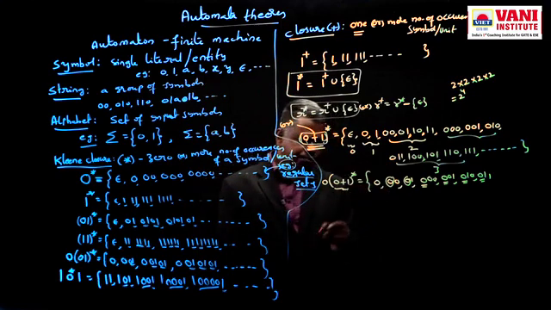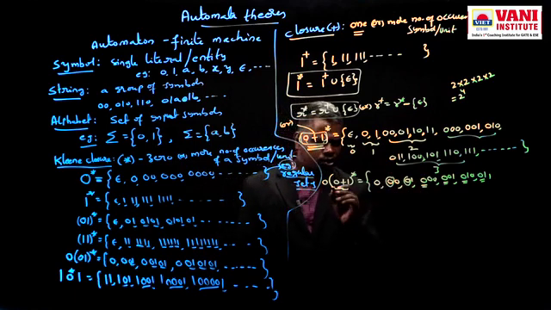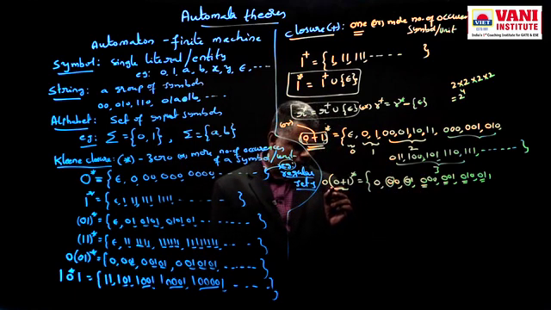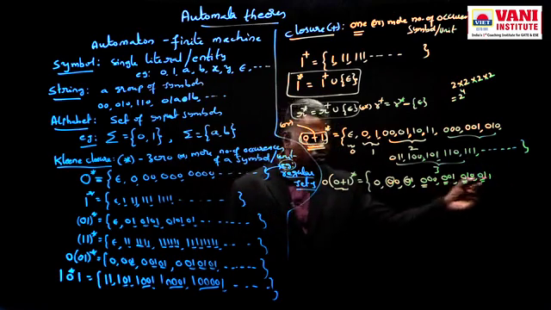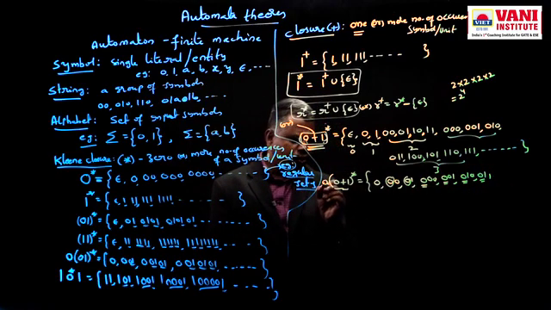Now in this one, single 0 is there, 0 0 is there, 0 1 is there, 1 0. So what about 1 0 in this? Is there any possibility of getting 1 0? No, because the start must be 0. Therefore, these are not all strings of zeros and ones, because you are adding a single 0 in the beginning.